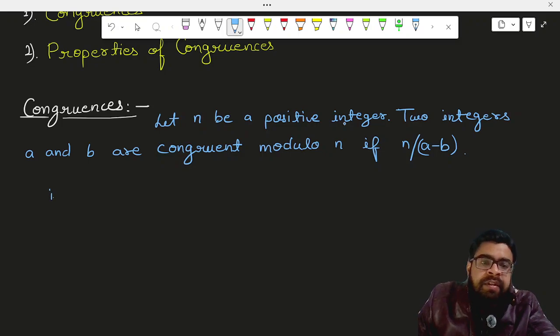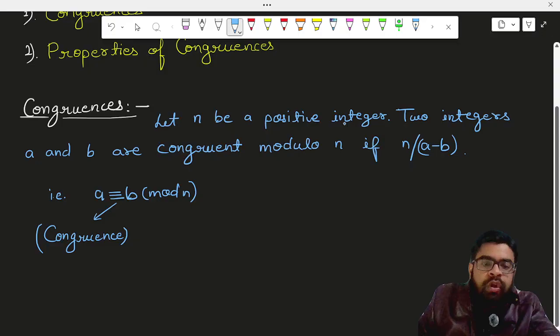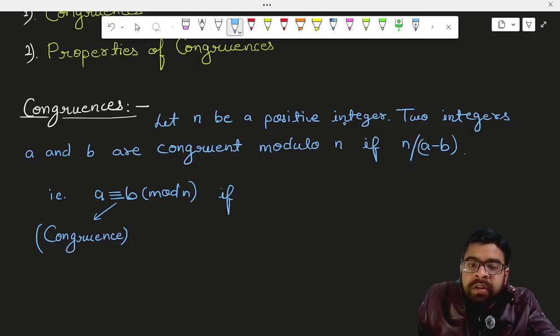That is, suppose I write here that a congruent b modulo n. So here it is the symbol of congruence. If we have any two integers a and b and they are congruent to each other modulo n, then this is possible if n divides a minus b.